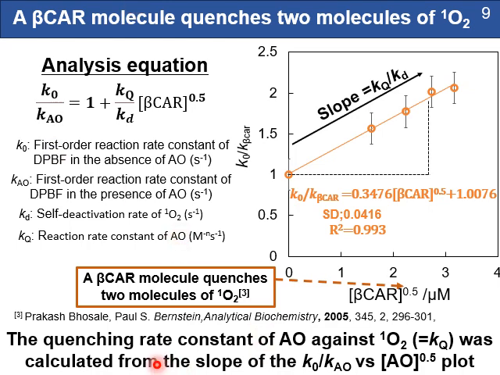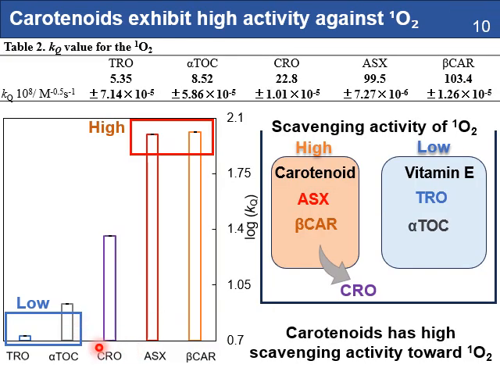Based on this result, we applied the same type of plot to other antioxidants as well and compared kq. In this graph, the vertical axis represents the logarithm of the kq value. For singlet oxygen, vitamin E like Trolox and alpha-tocopherol showed very little activity.